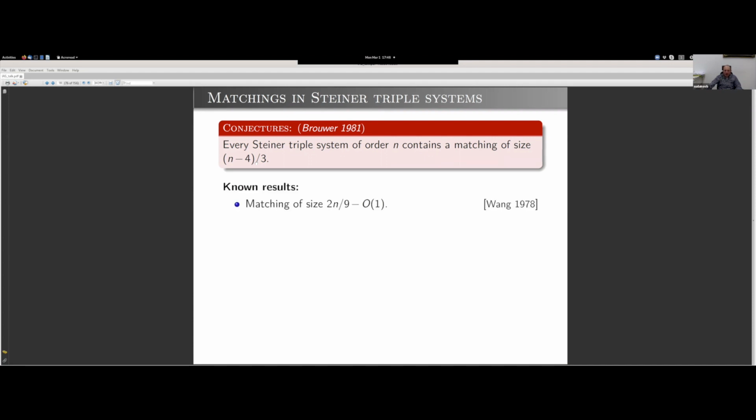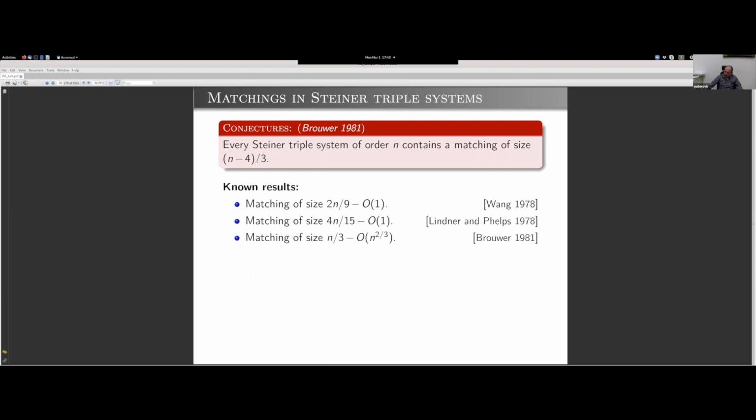So first, they proved that any Steiner triple system contains a matching of size roughly 2/9 n. You remember we're aiming for n over 3, then for n over 15. Then the first asymptotic result was proved by Brouwer himself. He proved that there is a matching of size n over 3 minus a constant times n to the 2/3.